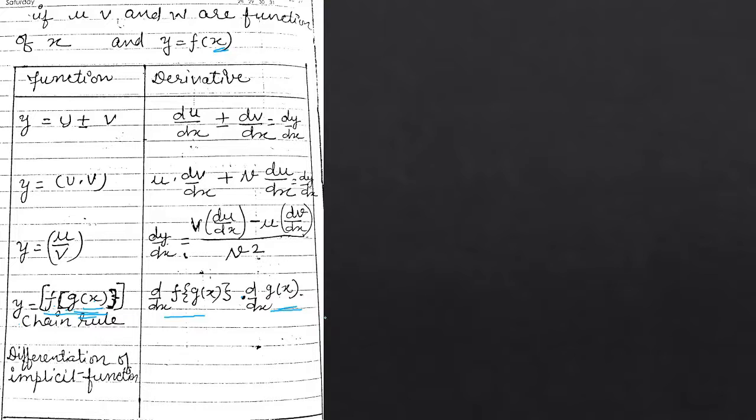Let's understand this with an example. Suppose y equals (3 + 2x²) and this whole raised to 3, then dy/dx is equal to, first we will find the derivative of this whole function. This is (3 + 2x²) raised to, this is n, then this is n − 1, so this will be raised to 2.